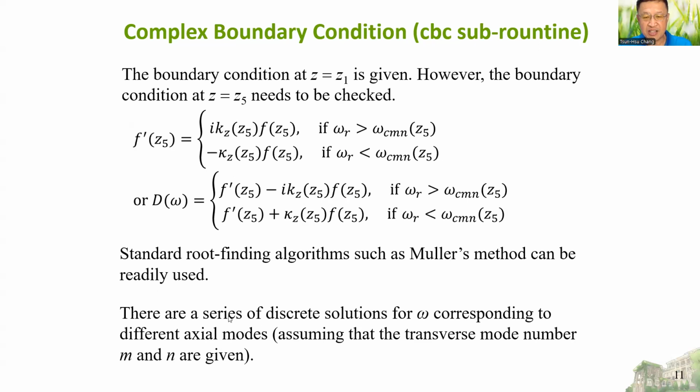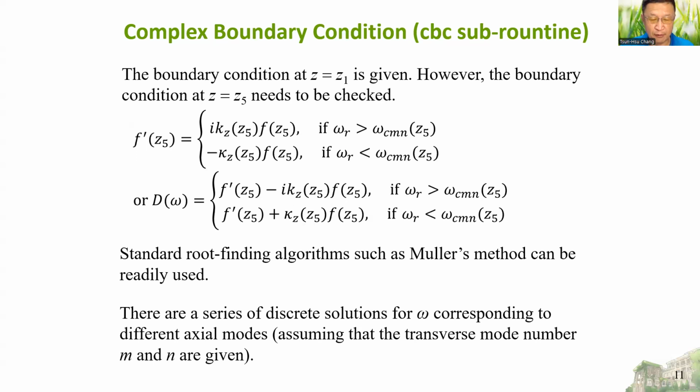There are a series of discrete solutions for omega corresponding to different axial modes, assuming that the transverse mode numbers m and n are given. So we have a TE, M, N mode, but they also correspond to different axial modes, transverse mode as well as axial mode.